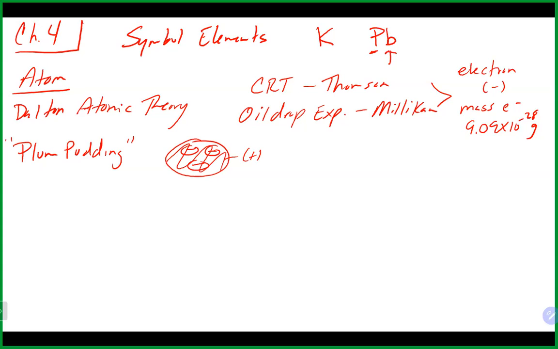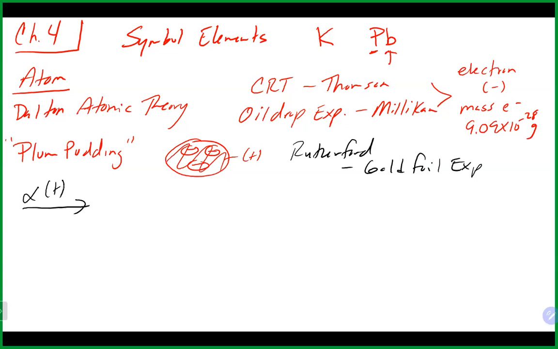This was an accepted model until the next big discovery in understanding the atom came about. And that was Rutherford and the gold foil experiment. What Rutherford did was shoot alpha particles, which are positively charged radioactive particles, at pieces of gold foil and other metals.